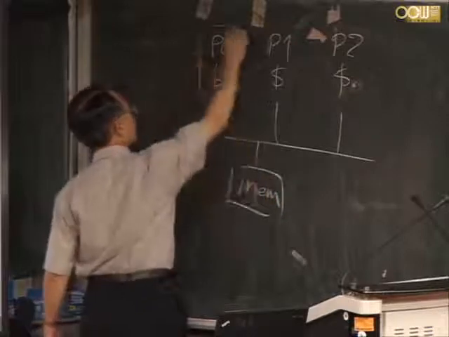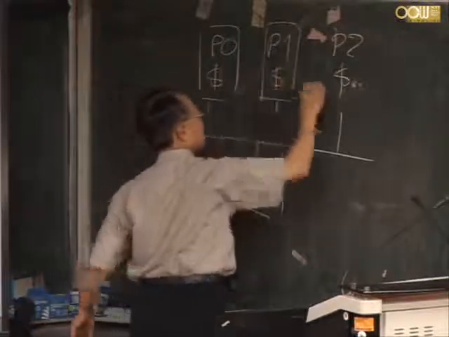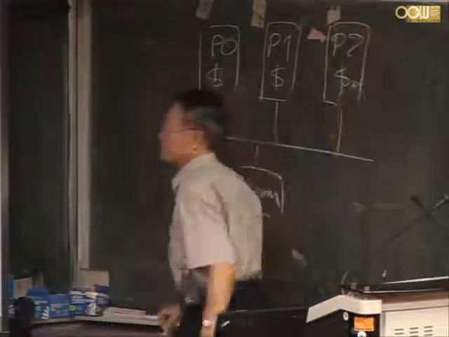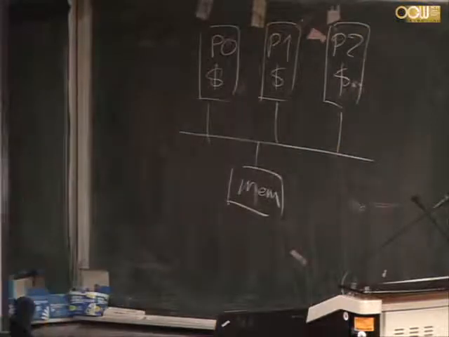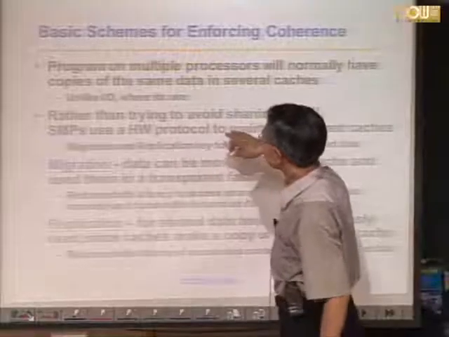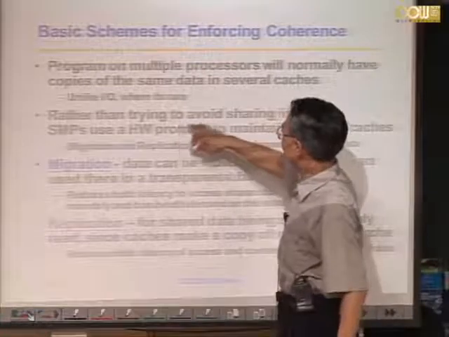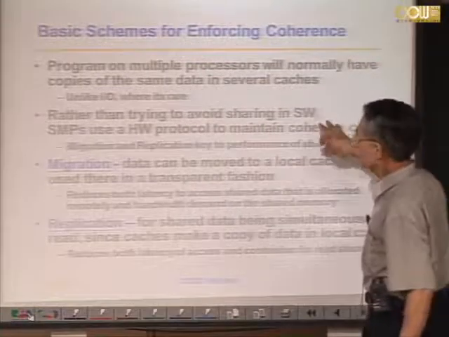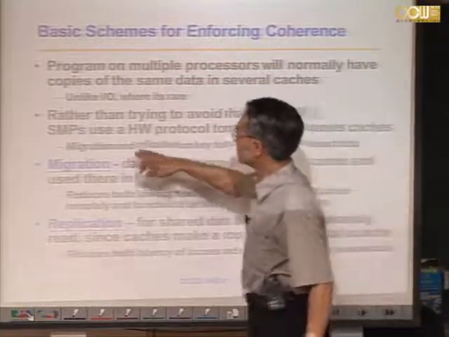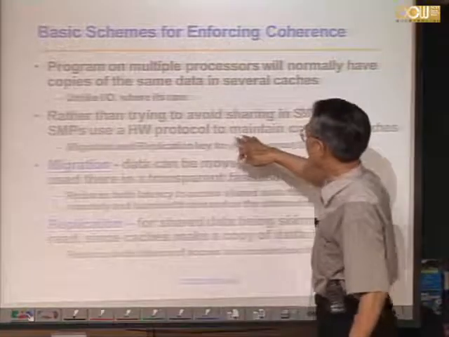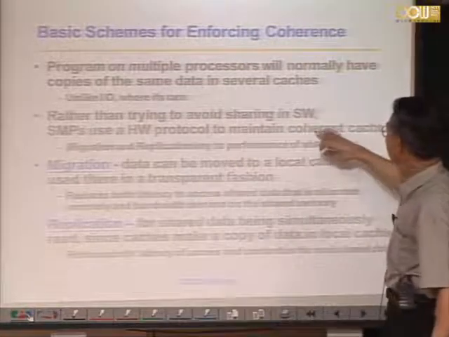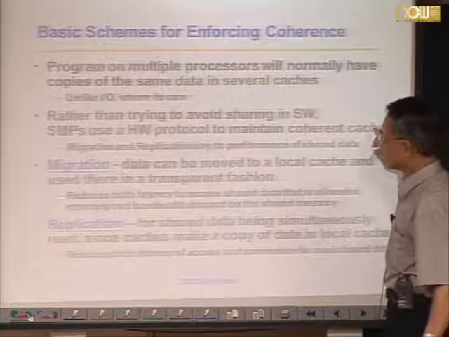We look only at this. Rather than trying to avoid sharing in software, symmetric multiprocessors use a hardware protocol to maintain coherent caches.